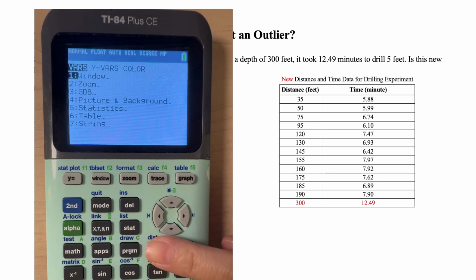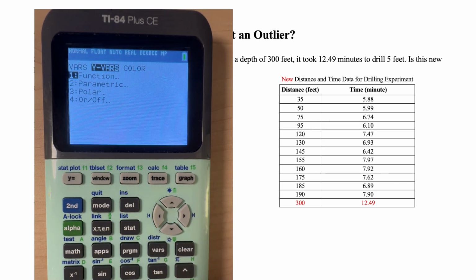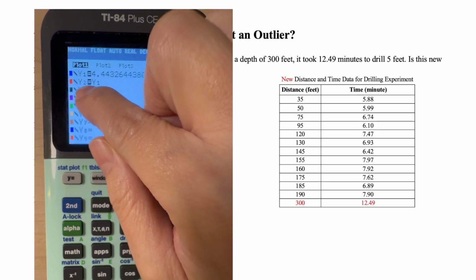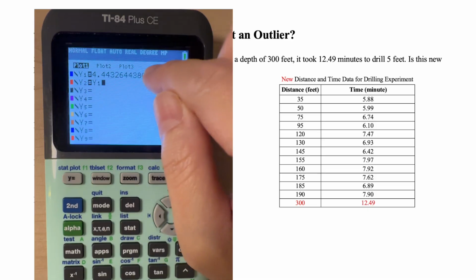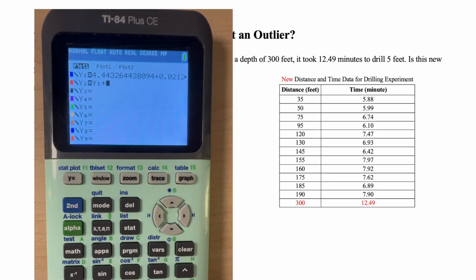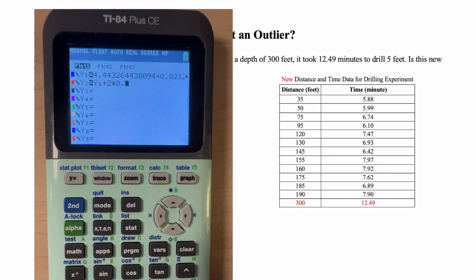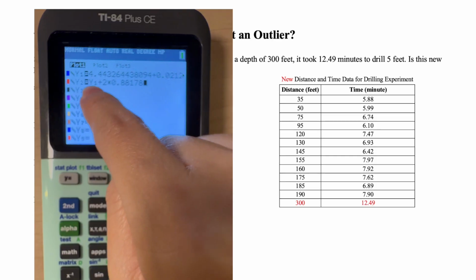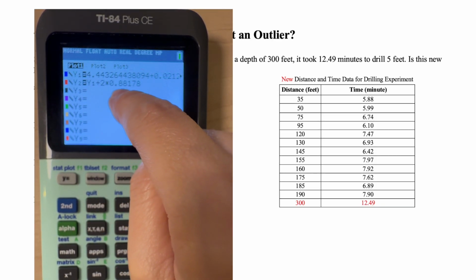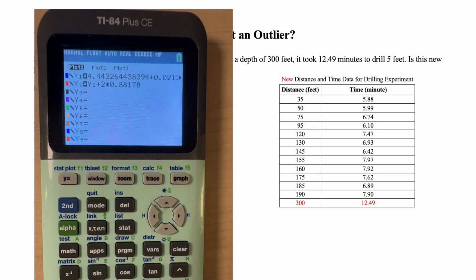So go to Vars, Y-Vars, Function, and choose Y1. So I say Y2 equals Y1, which is this equation, plus 2 times my standard deviation. Remember, I told you to copy down the standard deviation, 0.88178. This red line is the line that is two standard deviations above the regression line.